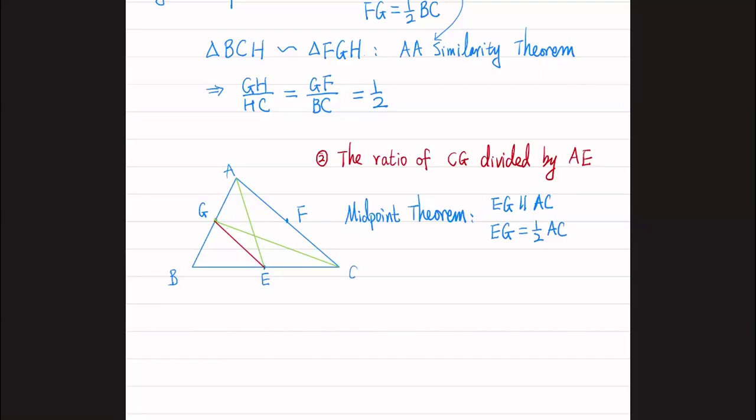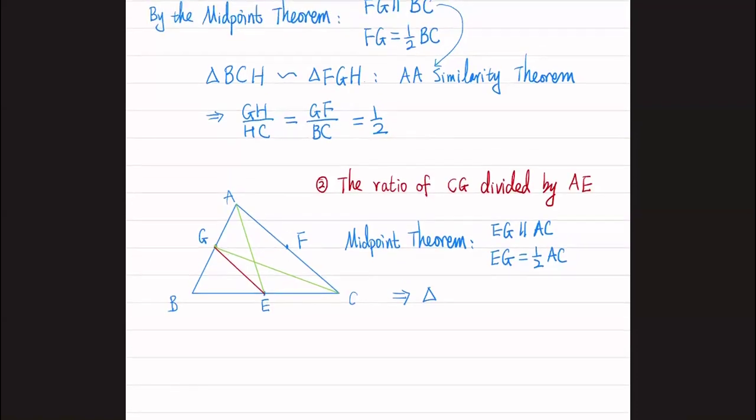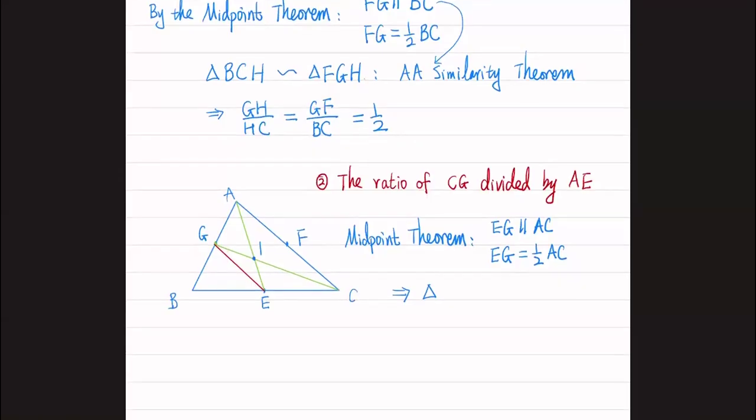Okay, then similarly we have the two triangles. I'm going to call this point K. Triangle ACK is similar to triangle EGK.